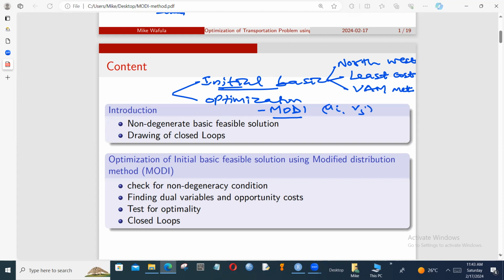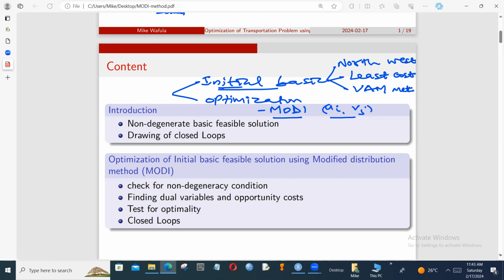As we shall be seeing, we shall be creating a lot of these variables, UI and VJ, called dual variables. They are so unique with this technique that when you just call the UI-VJ method, it comes to mind that it's a transportation problem and optimization using the modified distribution method. That is the scope of what we want to discuss today.